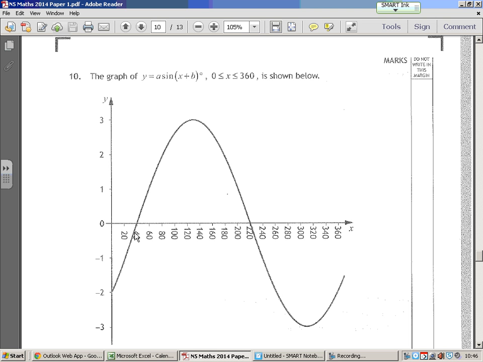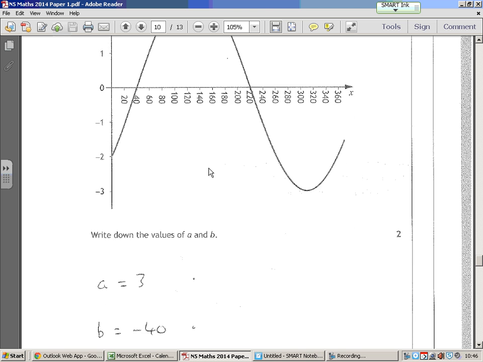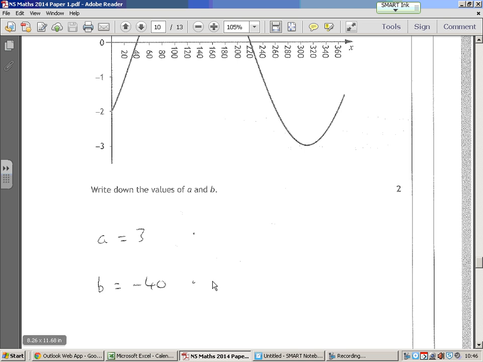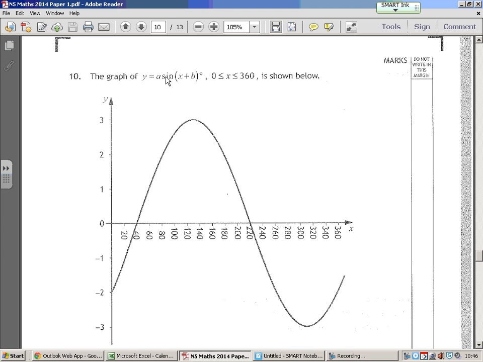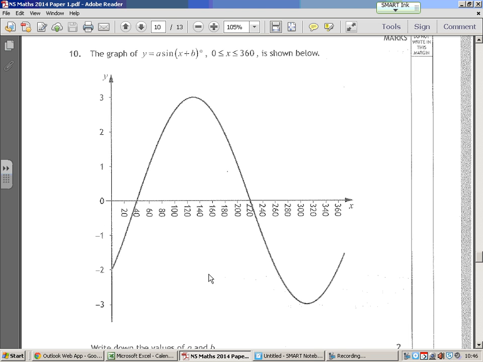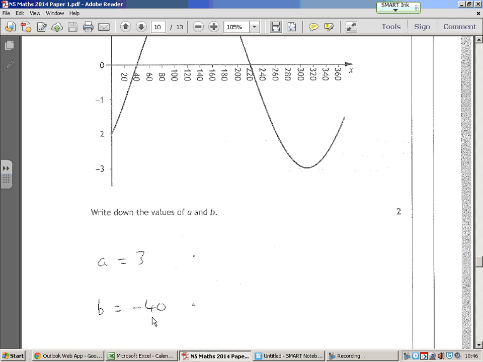If it's moving to the right by 40, that should be a negative sign in the bracket. So b will actually be -40. I'm not going to go into why that is too much because I'm just going over the paper. Go back, read your notes, talk to your teacher about it, because it can take a long time to explain. But if the whole graph's moving to the right, it should be minus 40.